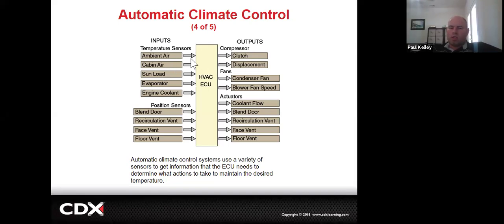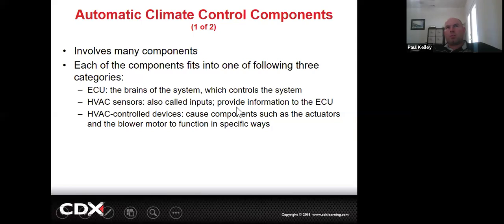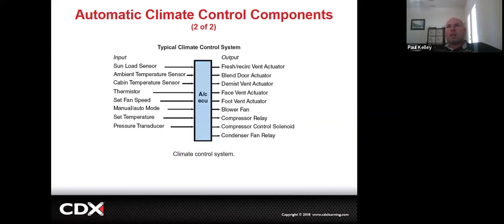If you can understand that, you can already mostly understand automatic HVAC, and we can go into a little more detail. Here's your electric actuator. So remember, 5 wires, 3 of them are position sensor, 2 of them are motor. Vacuum actuator, this is going to get vacuum or not get vacuum, depending on the position of the switch. These are gone, but there might be a little bit on the ASE still, sadly. Cool, so this is automatic again.